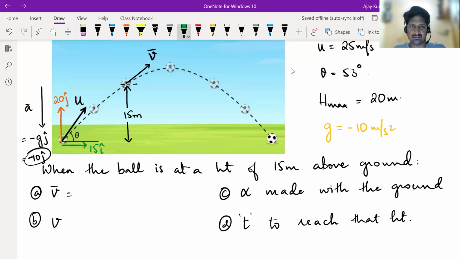Any numerical values that we know about it? Sir, velocity in the x-axis is 15. We know the x component, correct? That is 15. It's the y component of the velocity that you need to find out. Then you can answer all 4 questions, since they're all based on this y component. Of course, the x component also, but that is known to us. So Pawan, tell me, how can we calculate the y component of the velocity there?